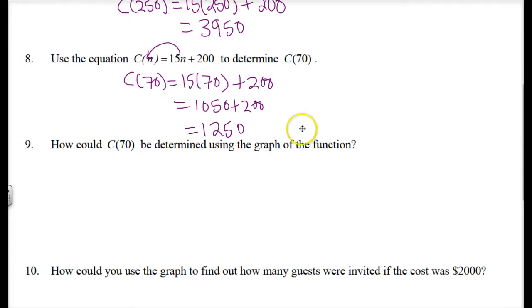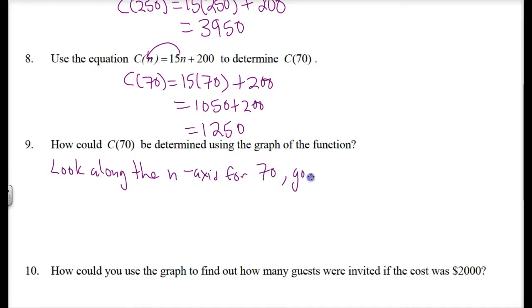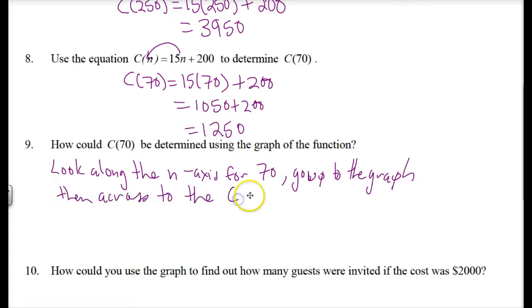How could C of 70 be determined using the graph of the function? Look along the n-axis for 70 and go up to the graph, and then go across to the C-axis.